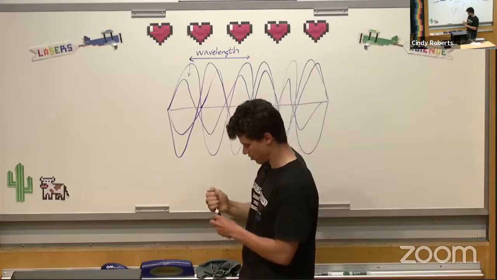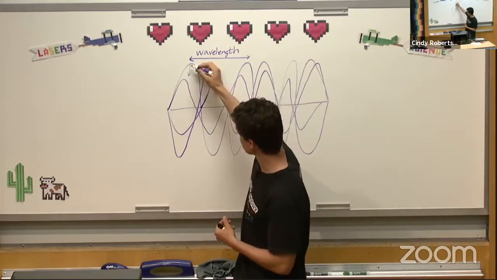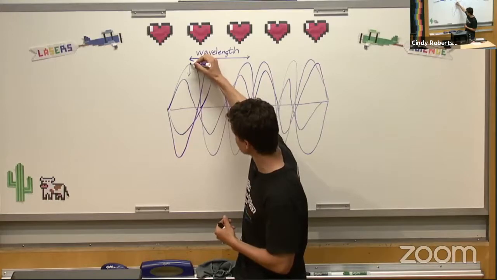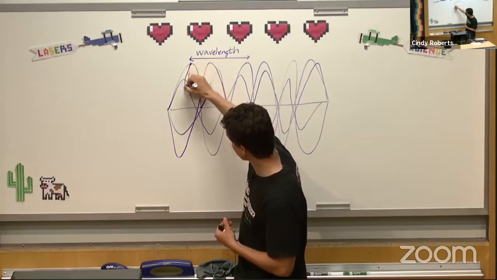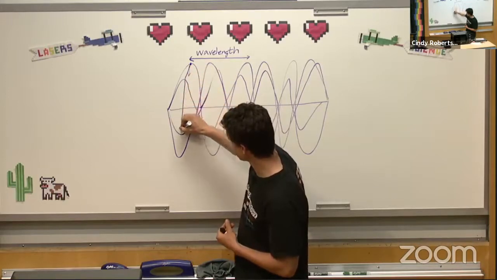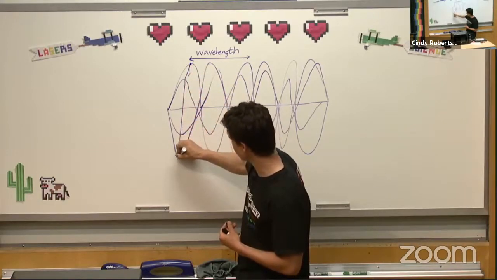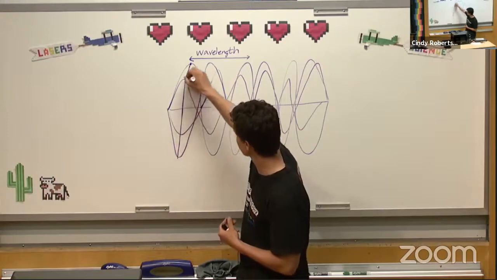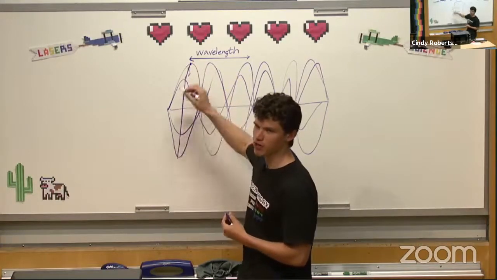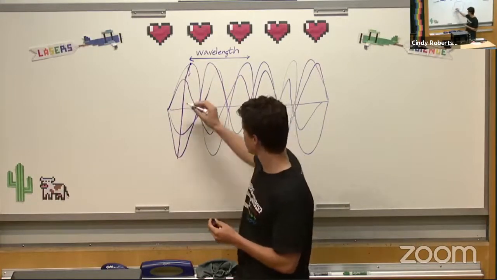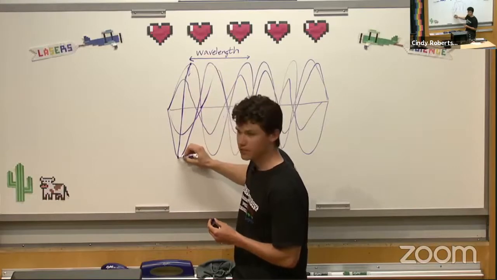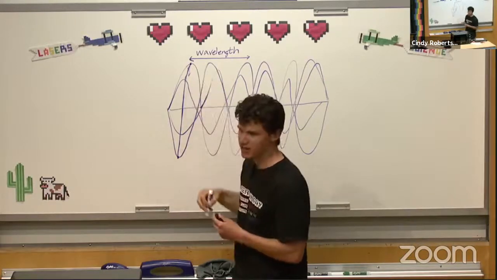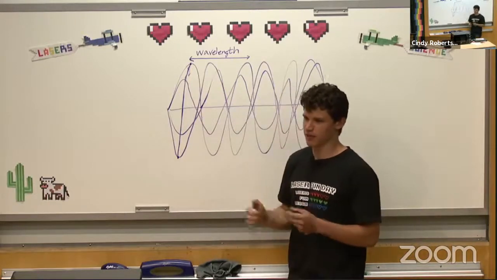If you follow a point on this wave, it'll move from here, down to here, down to flat, down to here, and then back up again. And it'll keep doing that over and over and over. The number of times that it goes from this point up here, down fully to here, and then back up again, that's called the frequency of the wave.